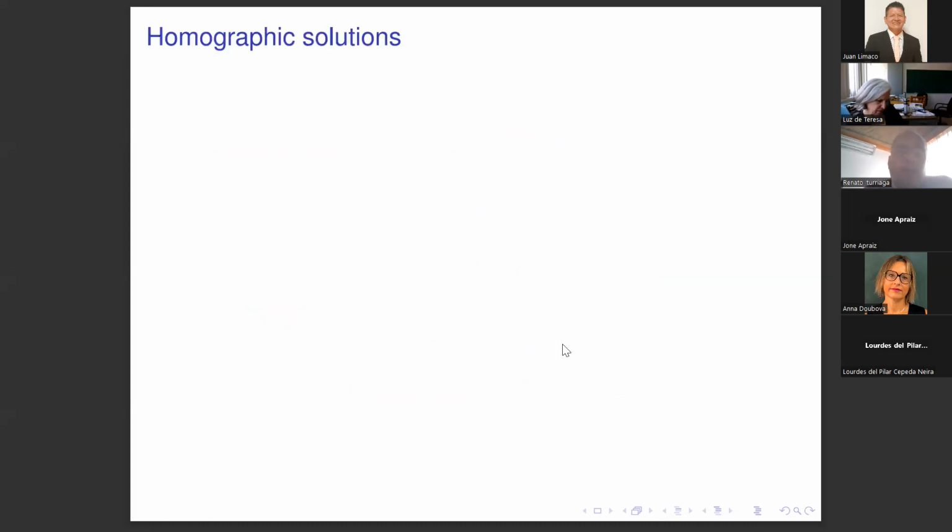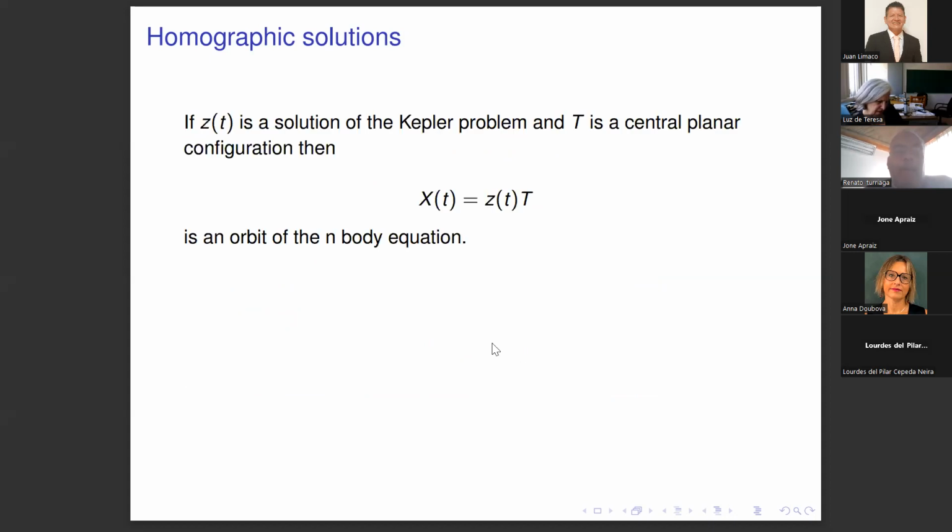Okay, so homographic solutions are solutions such that, if you have a central planar configuration T, so this is just a configuration, and then you multiply this T by zeta of T, a solution of the Kepler problem.